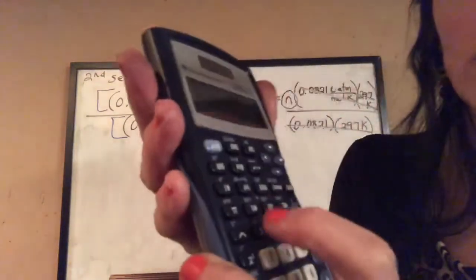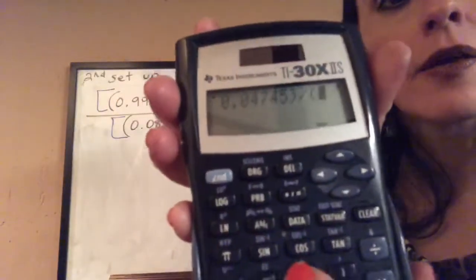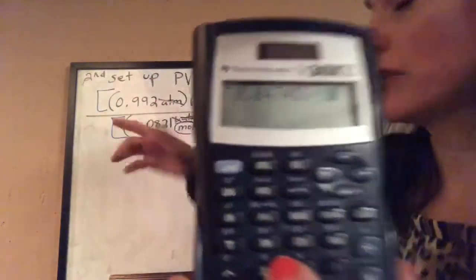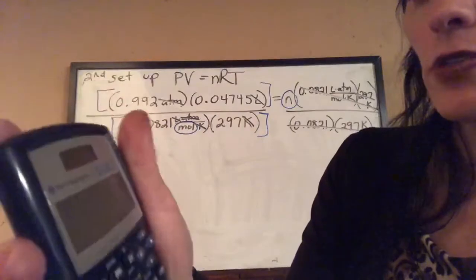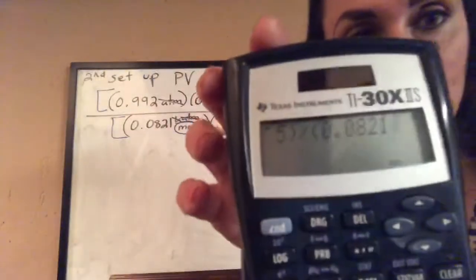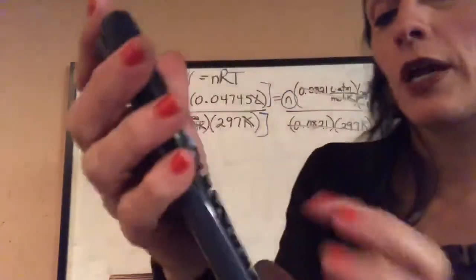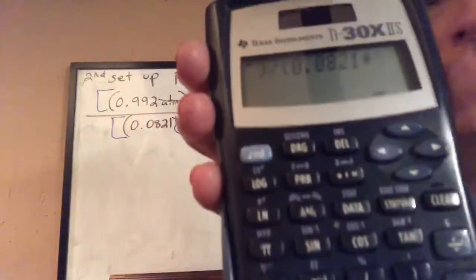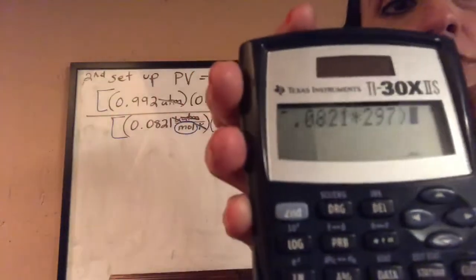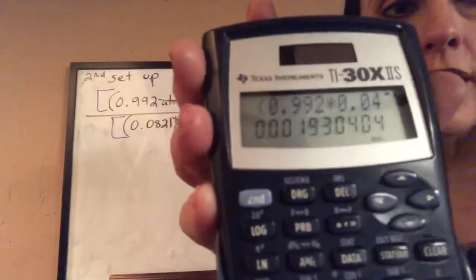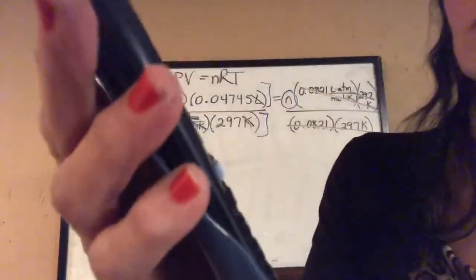Now I need to do an open parenthesis and put the product for the denominator. So 0.0821 times 297. Close that final parenthesis. You should have two sets of parentheses. Equals or enter. Then you get this number.